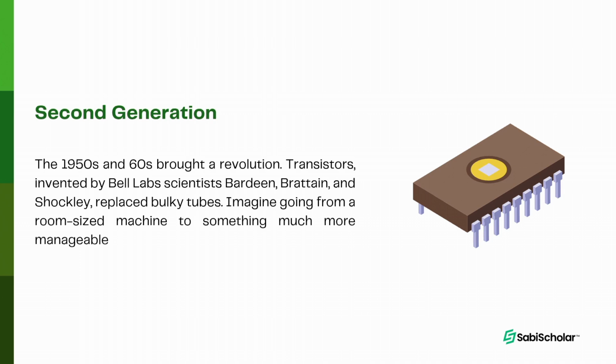The Bell Laboratory scientists Bardeen, Brattain, and Shockley, three of them, were responsible for building this new generation of computers and made sure that they replaced the bulky tubes with transistors.